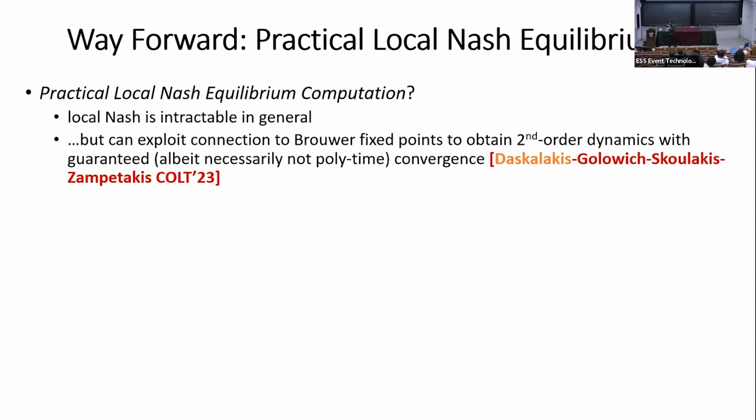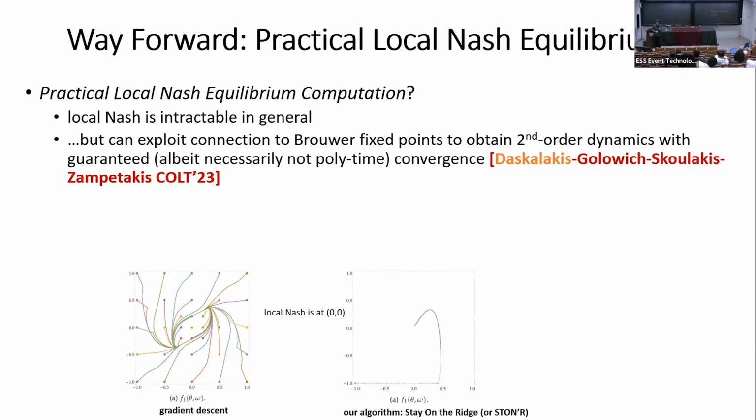And in fact, you can exploit the connection of this problem to PPAD and fixed point problems that characterize the complexity of PPAD to come up with dynamics that converge. So we have followed that approach, and we have created some dynamics that are guaranteed to exhibit asymptotic convergence to the local Nash.